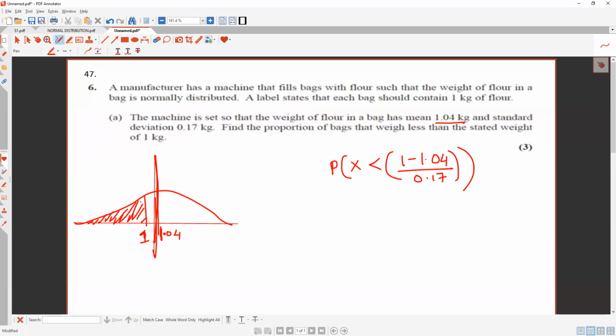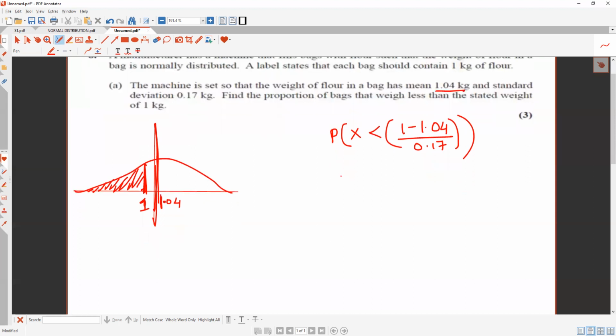So where will your 1 be? Here, because 1 is less than 1.04. So we want anything less than 1. Now, how much are we getting? We are getting the probability of x less than (1 minus 1.04) divided by 0.17.